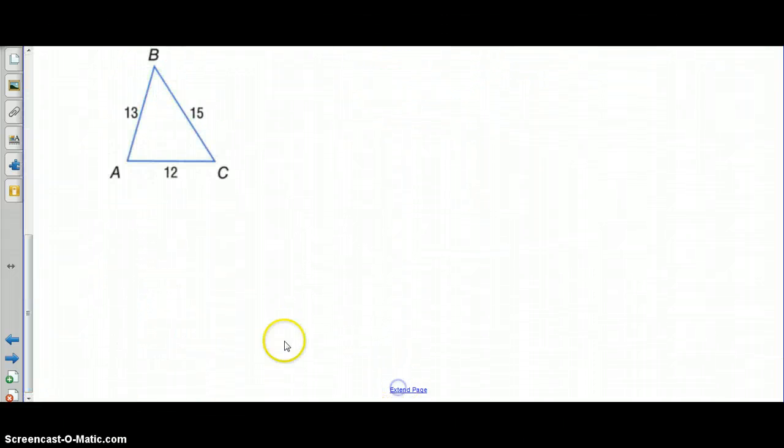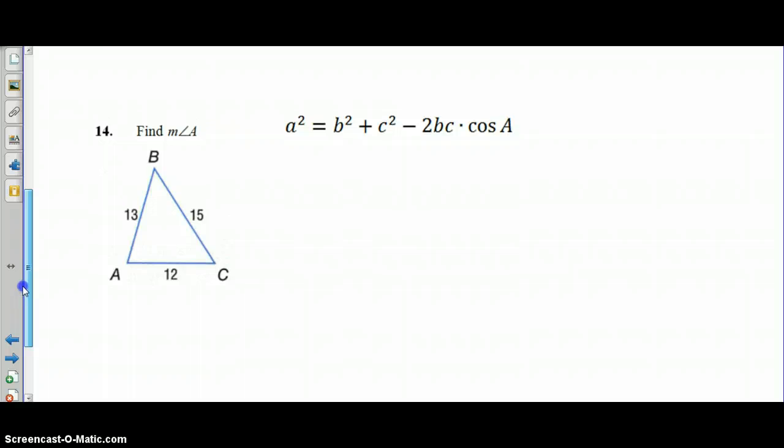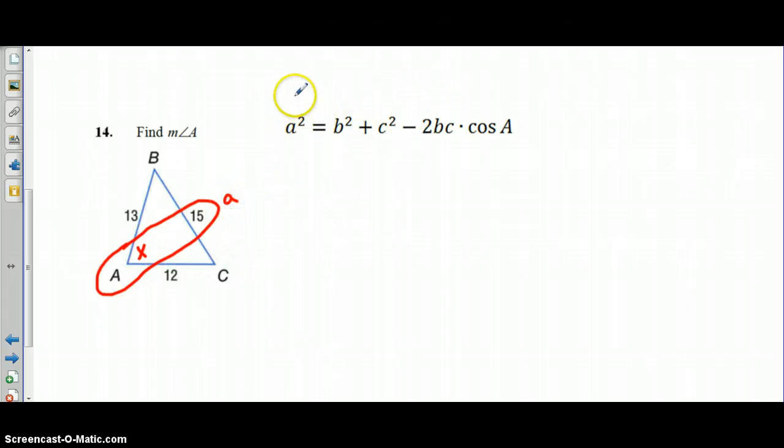Looking at the next example, using the law of cosines, we're being asked to find the measure of angle A. And so the measure of angle A is unknown. Again, with law of sines and law of cosines, we're looking at angle-side pairs. Angle A is across from side little a. In our equation, the unknown goes at the beginning or the end.